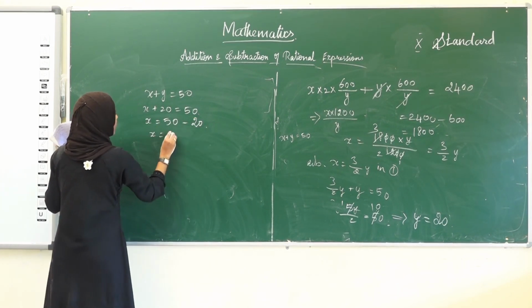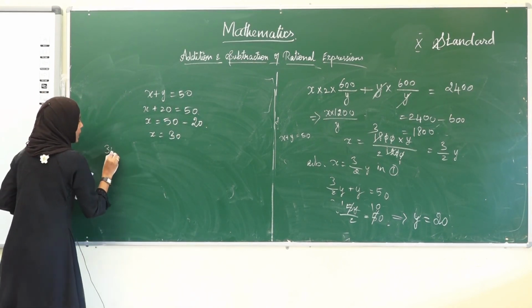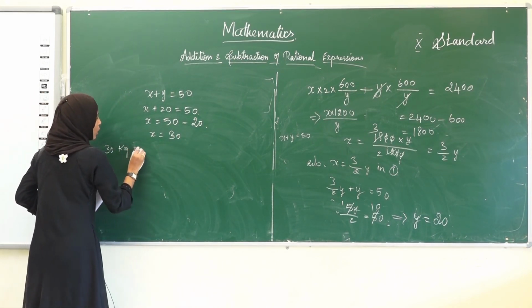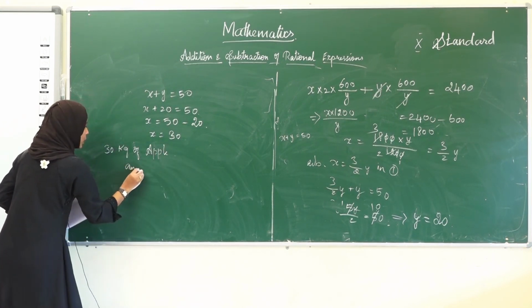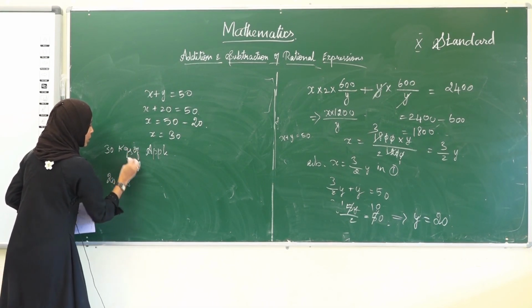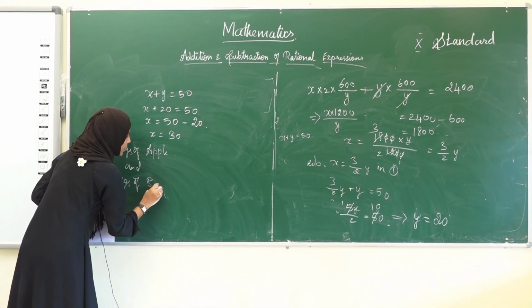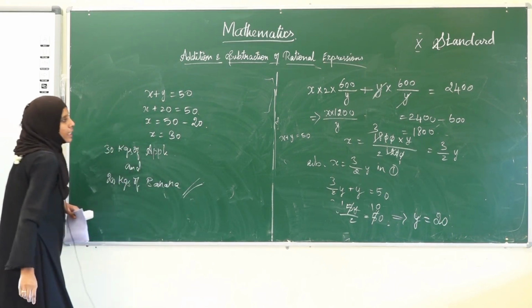Therefore, x is equal to 30. Therefore, Inia has bought 30 kgs of apple and 20 kgs of banana. This is the answer we have to find.